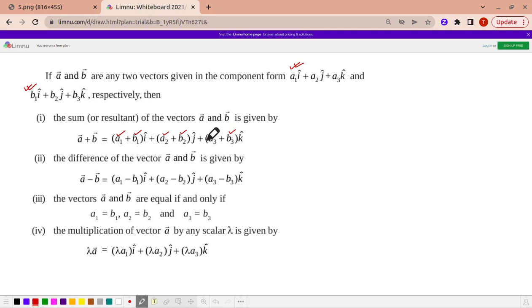We can also find the magnitude of the vector a plus b, that is mod of a plus b.